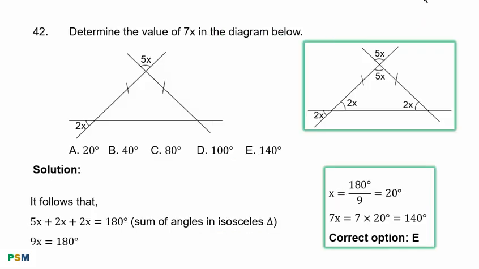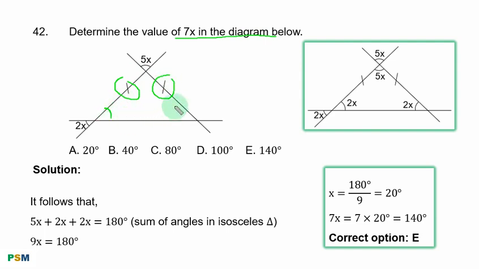Question 42. Determine the value of 7S in the diagram below. You have the given diagram. You need to note the markings you have there. It simply means that we have an isosceles triangle.